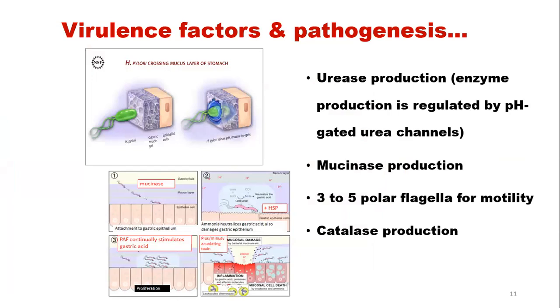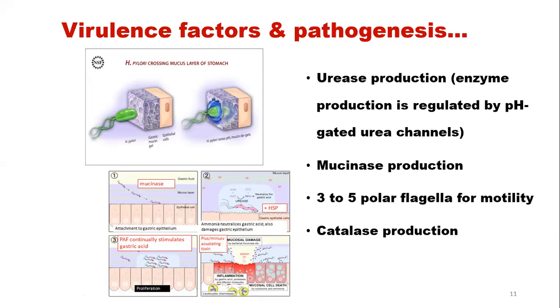So like I said earlier, the organism has flagella that it uses to drill through the mucous layer of the stomach. And as it does that, it also affects the pH of the immediate environment through the production of urease.